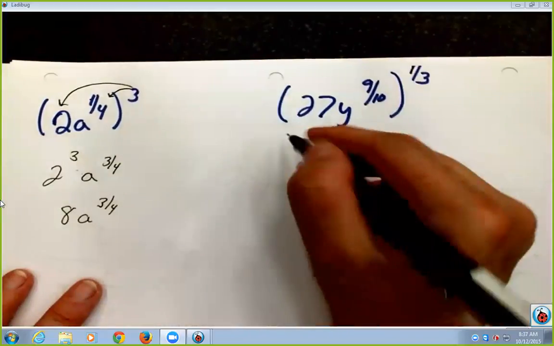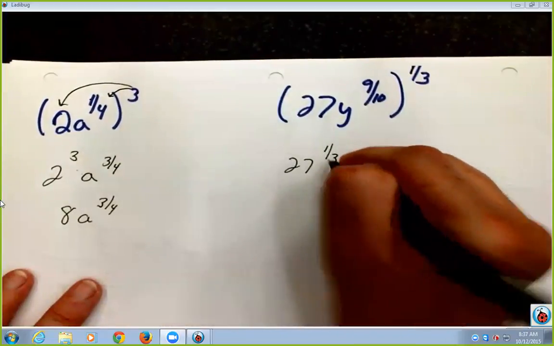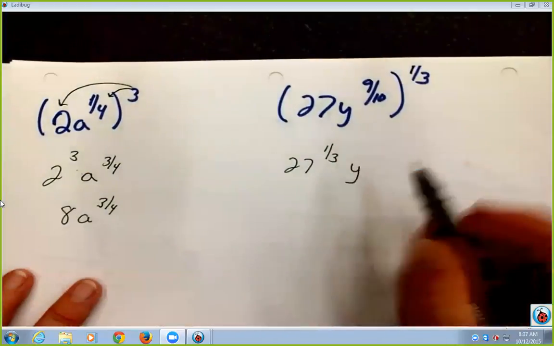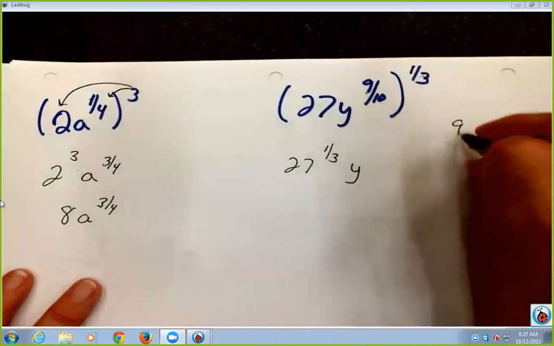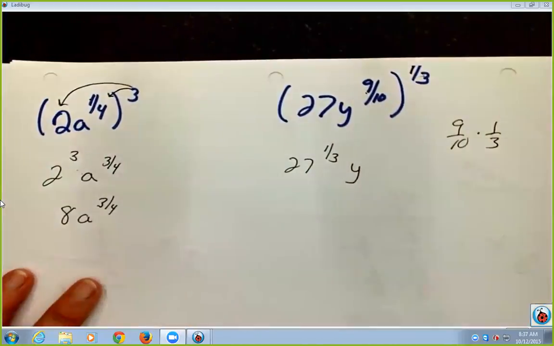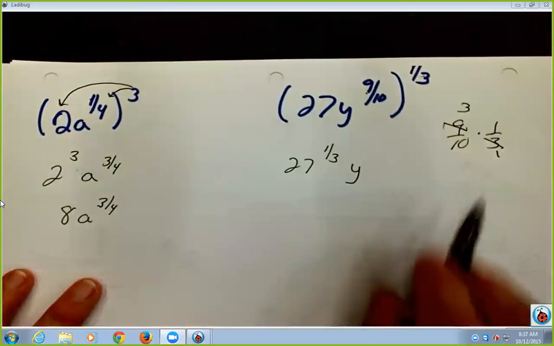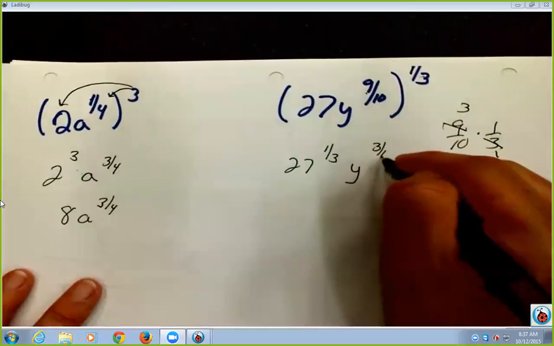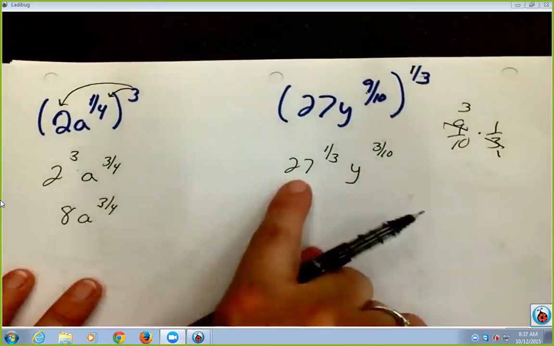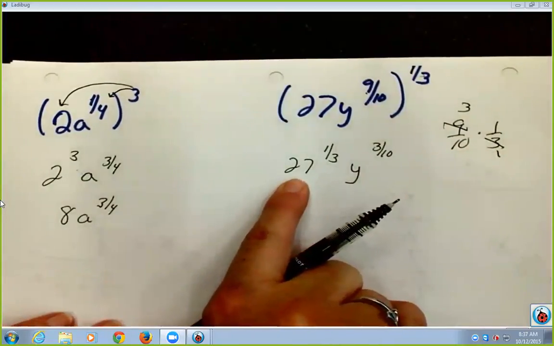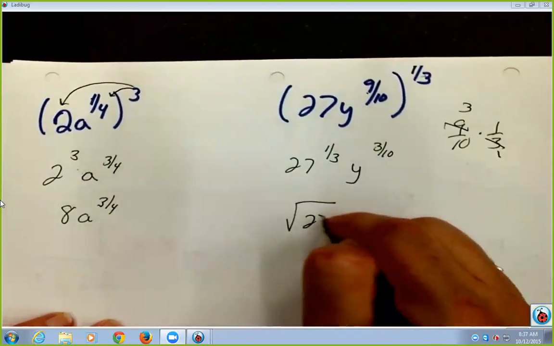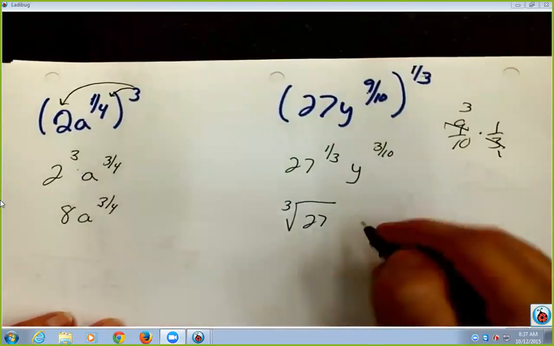So 27 to the 1/3. Why? 1/3, if you take 9/10 and times it by 1/3 on the side over here, the 3 and the 9 cancel. So I'm left with 3/10. But 27 to the 1/3 is really the cube root of 27.